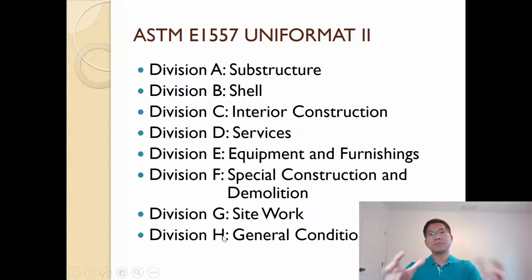Division A is for substructure, something below the ground, foundation, etc. Then we have shell, like the superstructure, steel structure, exterior enclosure, then interiors, interior construction, etc. Services, air conditioning, equipment and furnishings, special construction and demolition, site work, pavement, parking, and general conditions, some indirect work required to complete the project. So that's the way they organize for assemblies or system estimate.